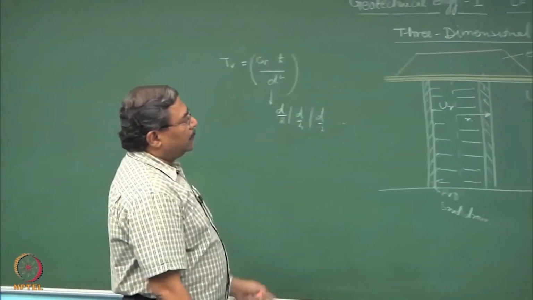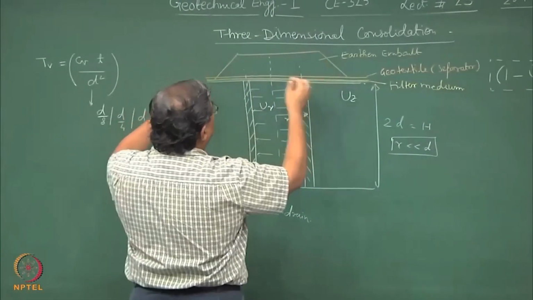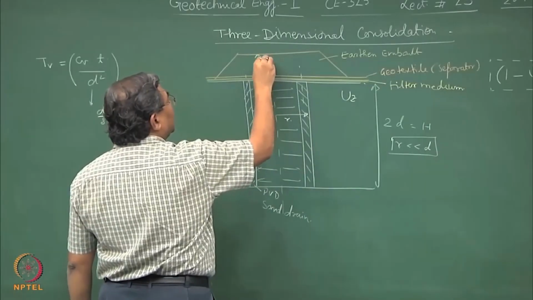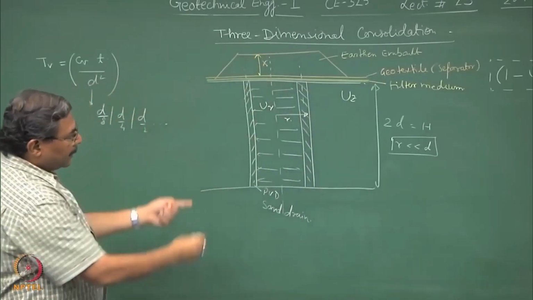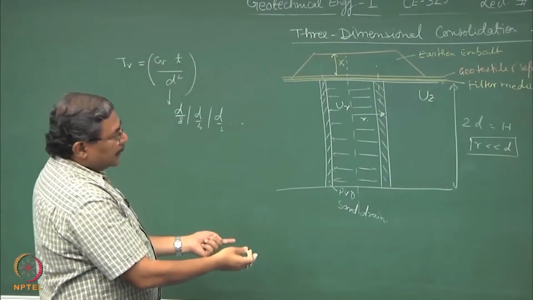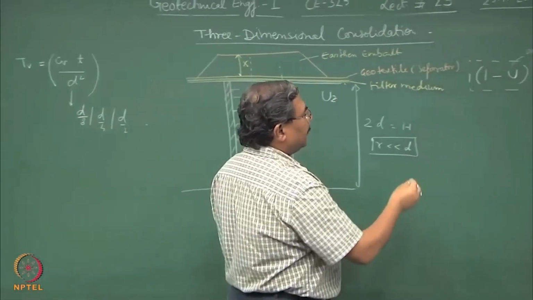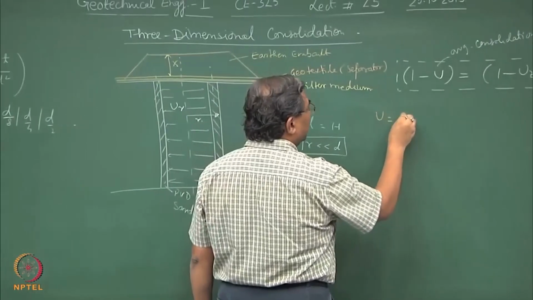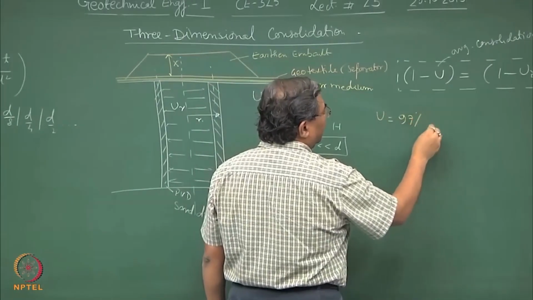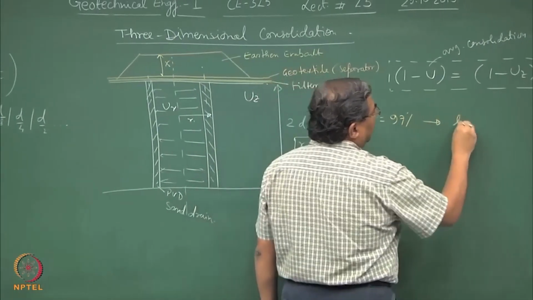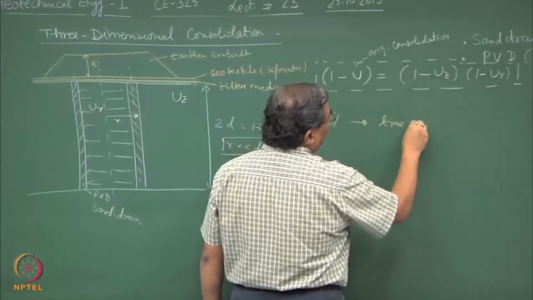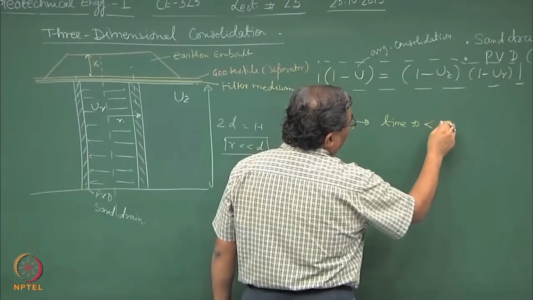So, you create an embankment of a certain height x and design the entire system in such a manner that I achieve about 95% to 97% consolidation in the desired time. Normally people do not want to wait for more than 3 months.